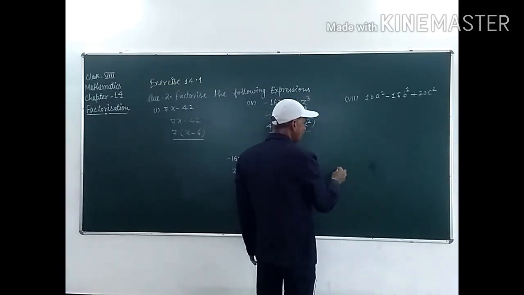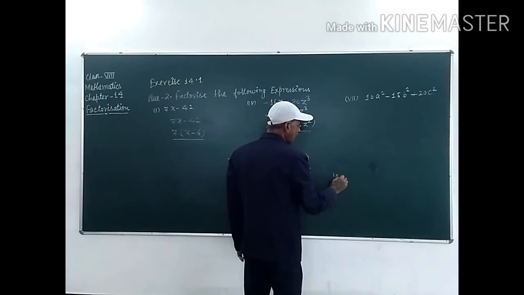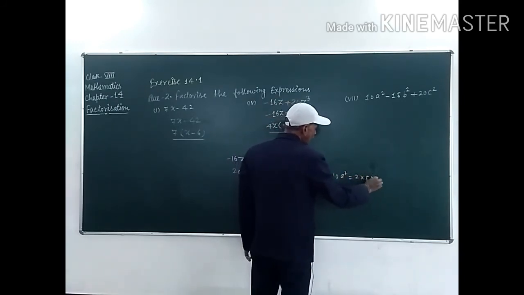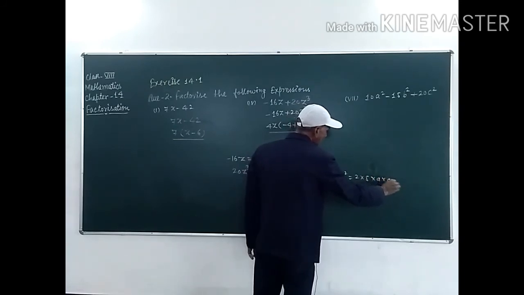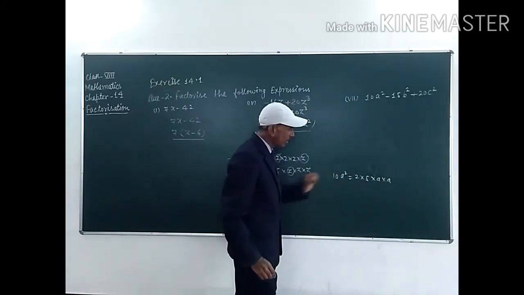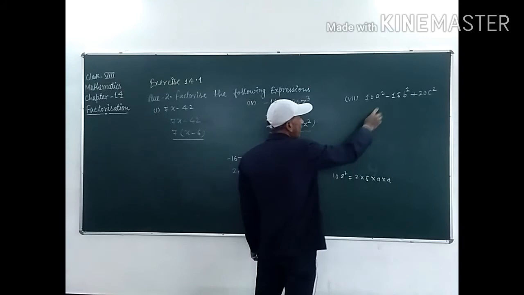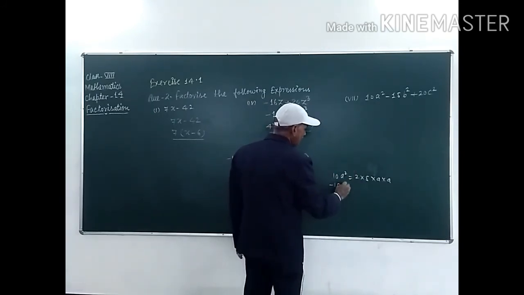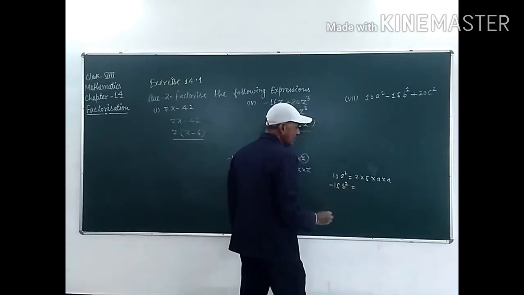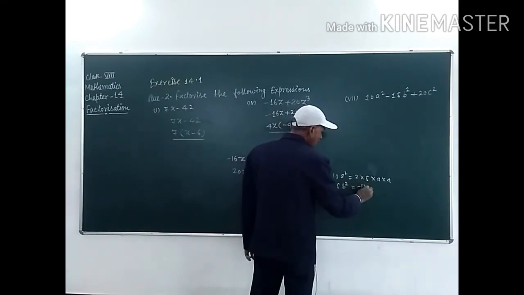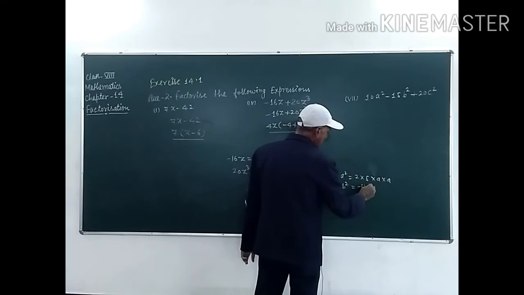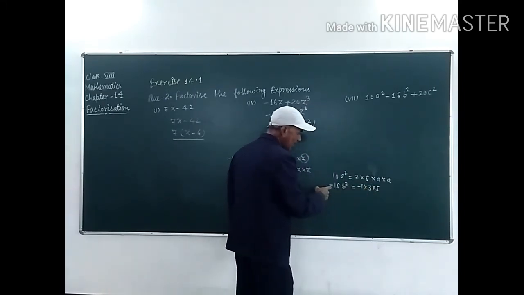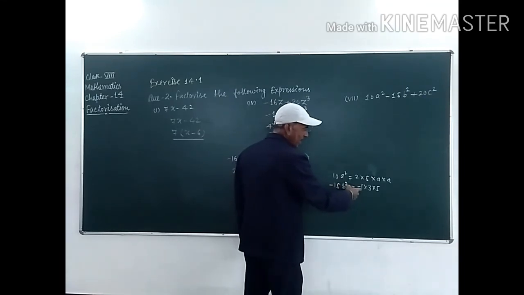So first find the factors of 10a square, that is 2 into 5 into a into a. There are 4 factors, students, and this one, minus 15b square, that is minus 1 into 3 into 5. 3 5s are 15, students, and this one is negative, so we have taken here minus 1.